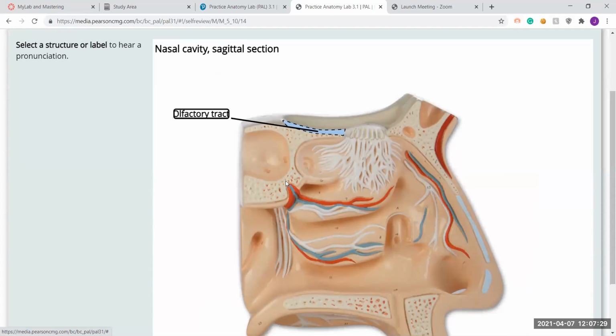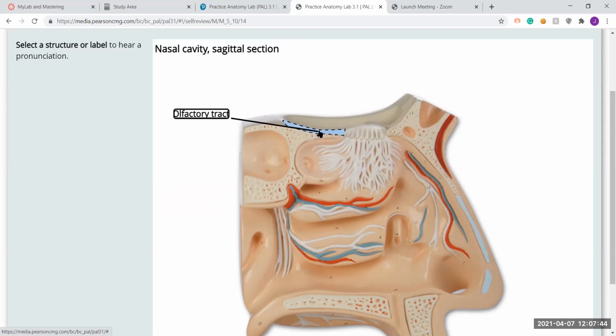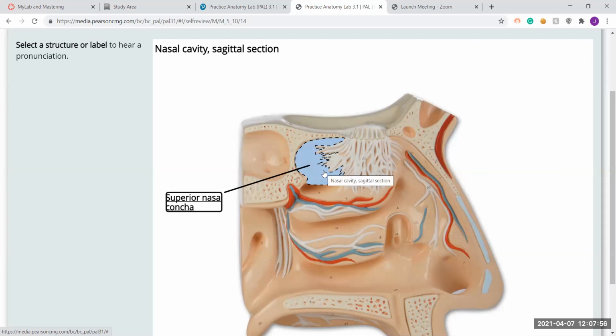Now the nose. This is the sagittal section of your nose. So you are separating your nose in right and left half, and then you are looking here from the side. So this is the roof of ethmoid bone, where there is cribriform plate and olfactory bulb is passing there, and you see olfactory nerve is synapsing in the roof of your nose in the superior nasal concha.